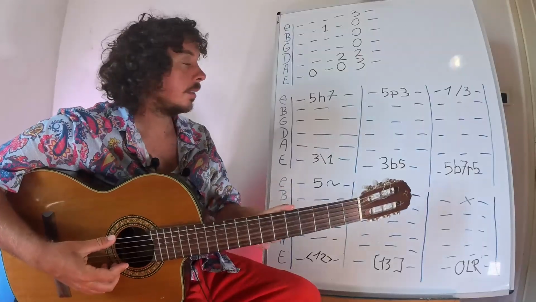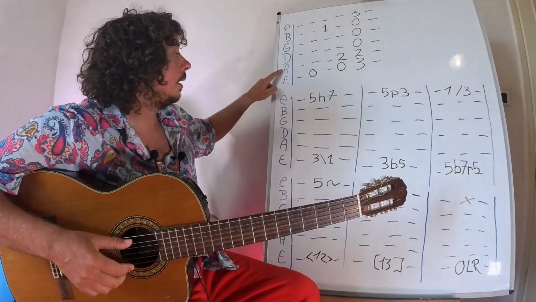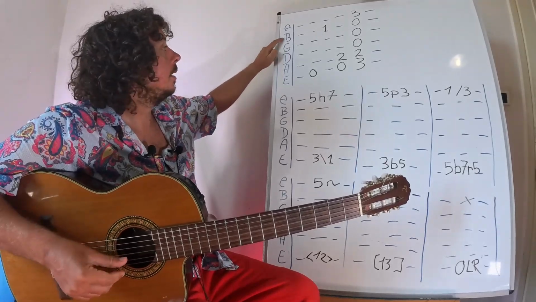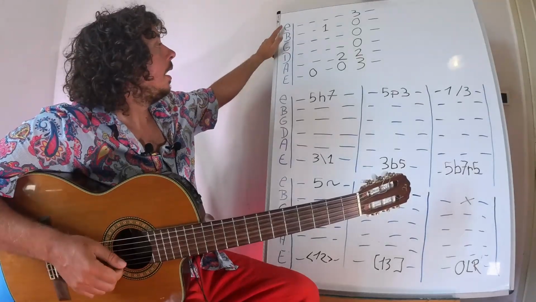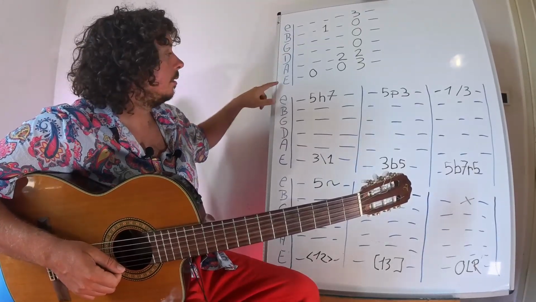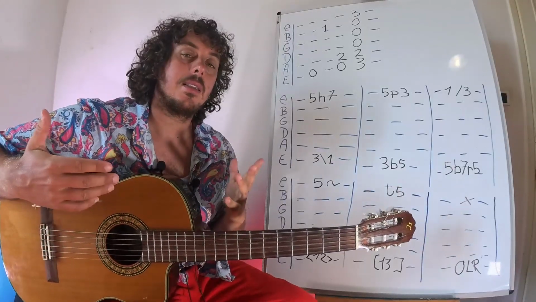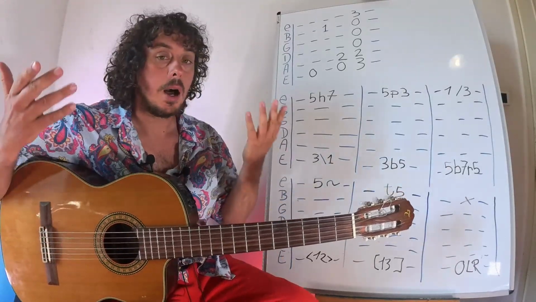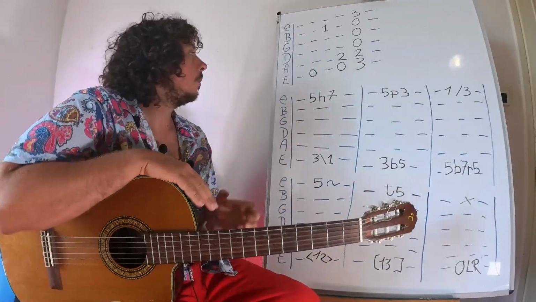So, the 6th string, the biggest one, is an E. Then we have a D, G, B, E. As you can see, this last E is the smallest, so it's 2 octaves higher than this one. Okay?